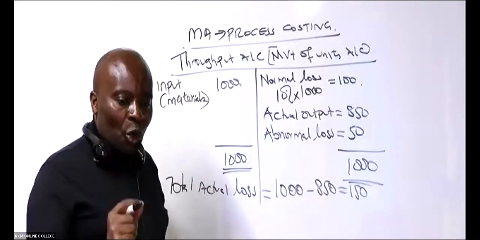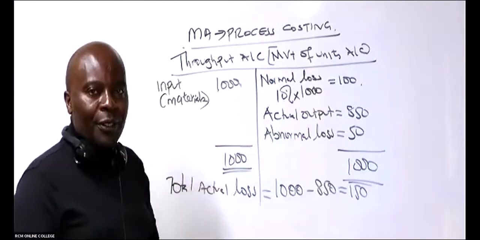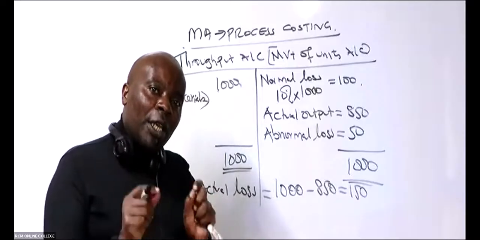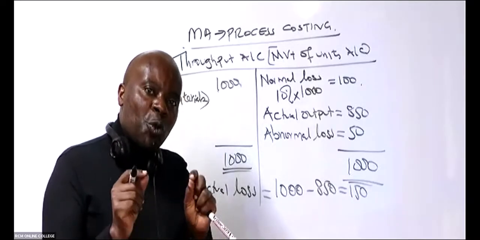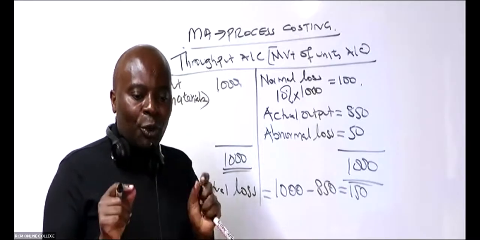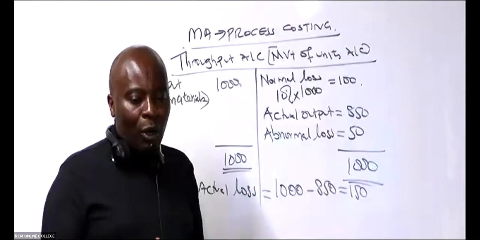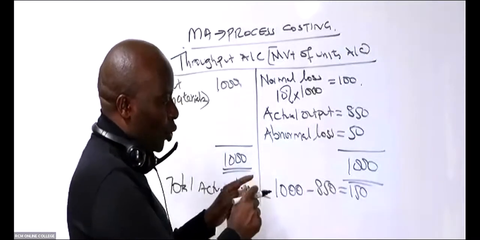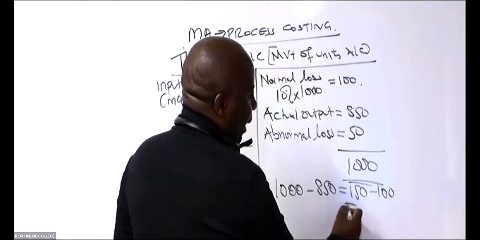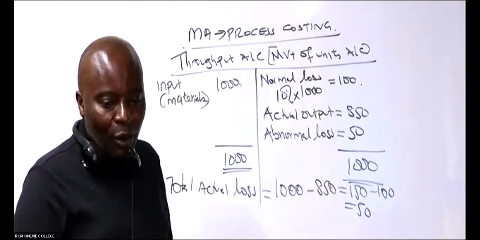And this total loss of 150 is more than the normal loss. We said that whenever the actual loss is more than the normal loss, you're going to get what we call an abnormal loss. The actual loss is 150 and the normal loss is 100, so if you subtract 100, we get an abnormal loss of 50.